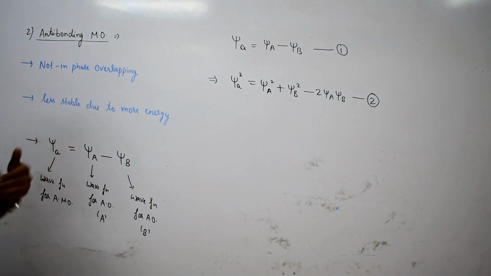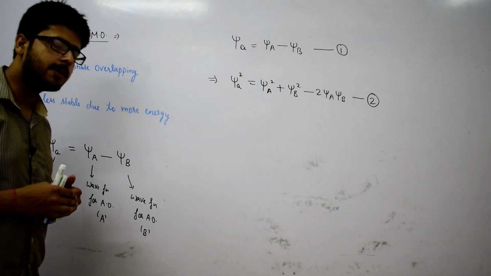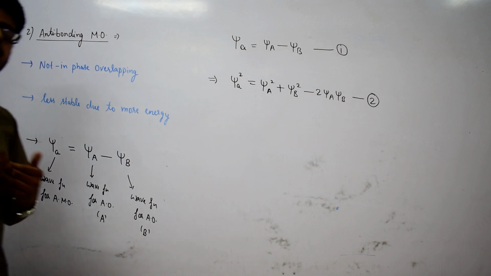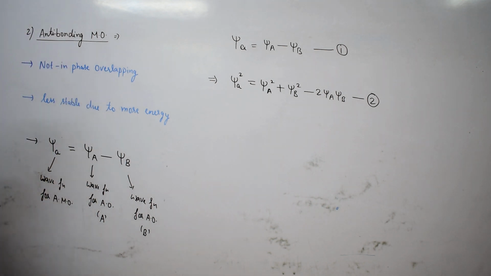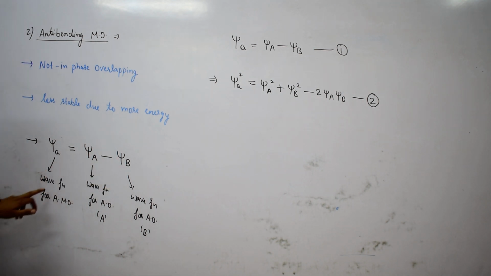They are formed by not in-phase overlapping, less stable due to more energy content, and if we write the equation in the form of a wave equation for antibonding molecular orbitals, then it would be psi A is equal to psi A minus psi B, where psi A is the wave function for the antibonding molecular orbital. A represents antibonding.